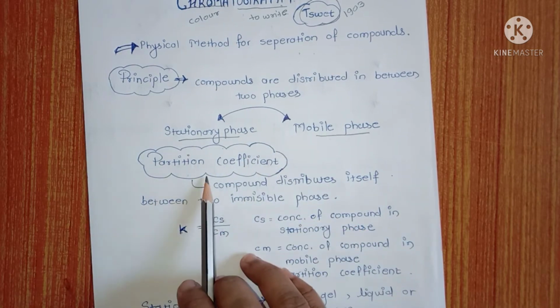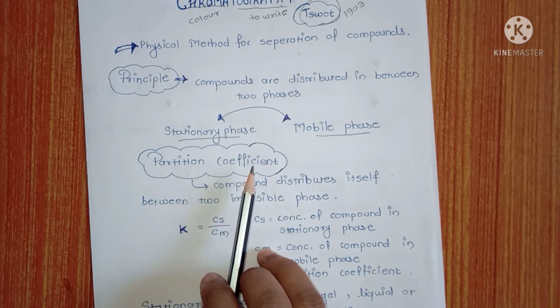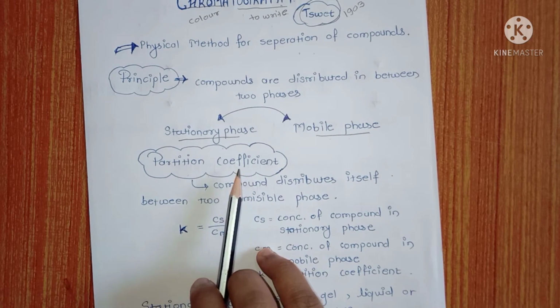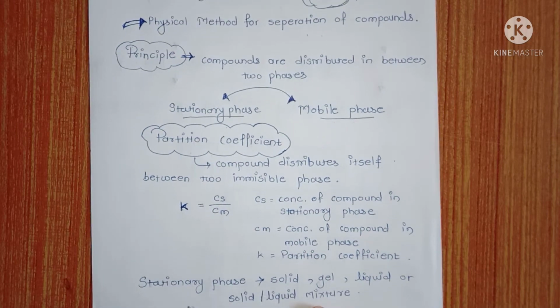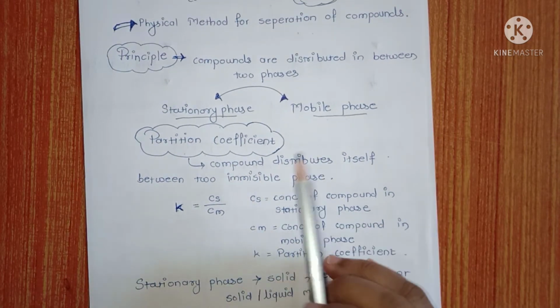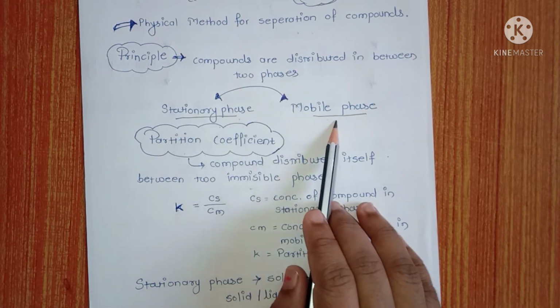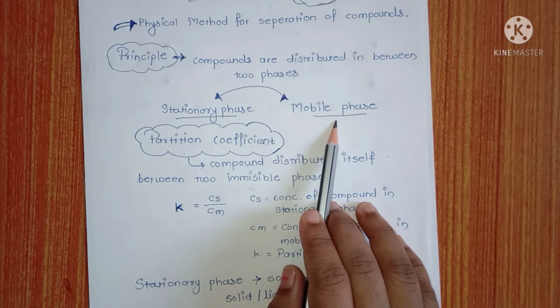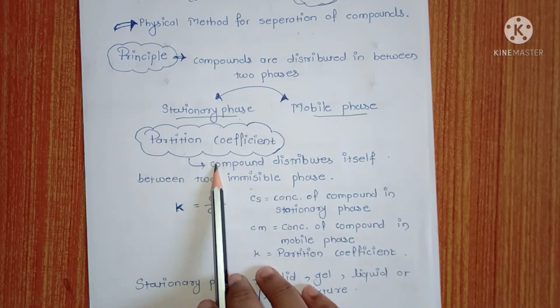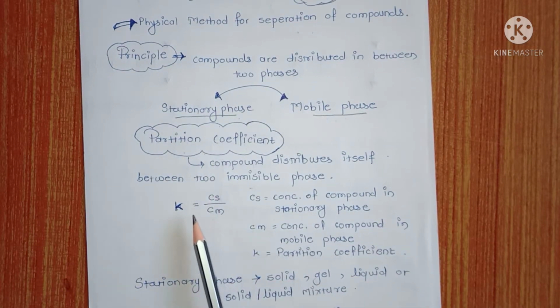We already said that the partition coefficient is also called the distribution coefficient. That is, the compound distributes itself between two immiscible phases, the stationary phase and the mobile phase. We calculate the partition coefficient value by using this formula: K equals Cs upon Cm.